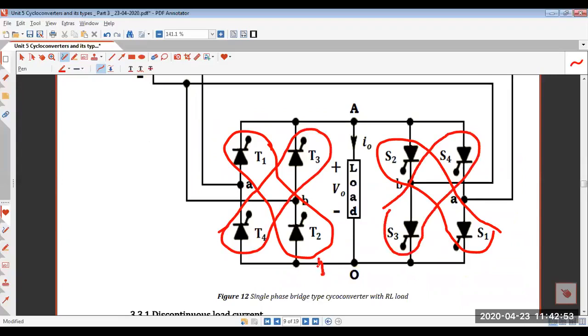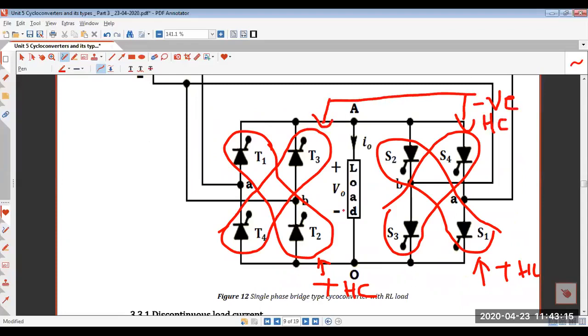So this one is for the positive half cycle, this is also for the positive half cycle of the main supply, and this one is for the negative half cycle of the main supply. Similarly, this one is for the negative half cycle of the main supply.